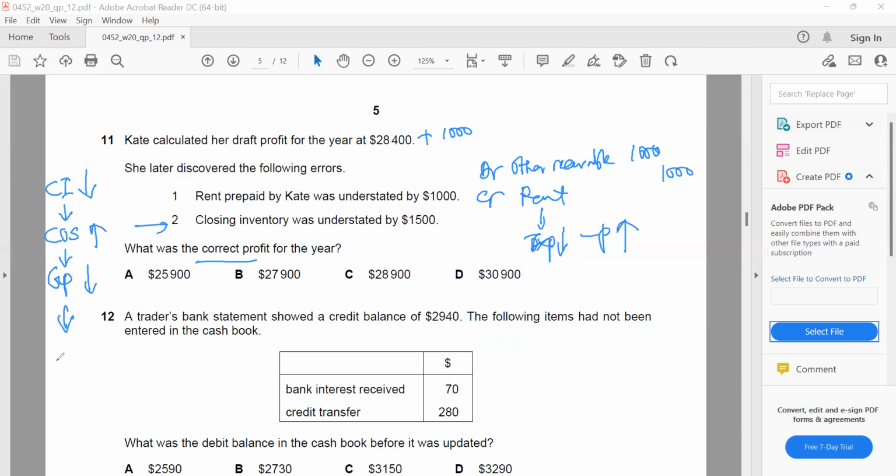Profit understated. So when we adjust this, we increase it, so profit will increase. So we should plus another 1,500. So the total should be 28,400 plus 1,000 plus 1,500, which is 30,900.